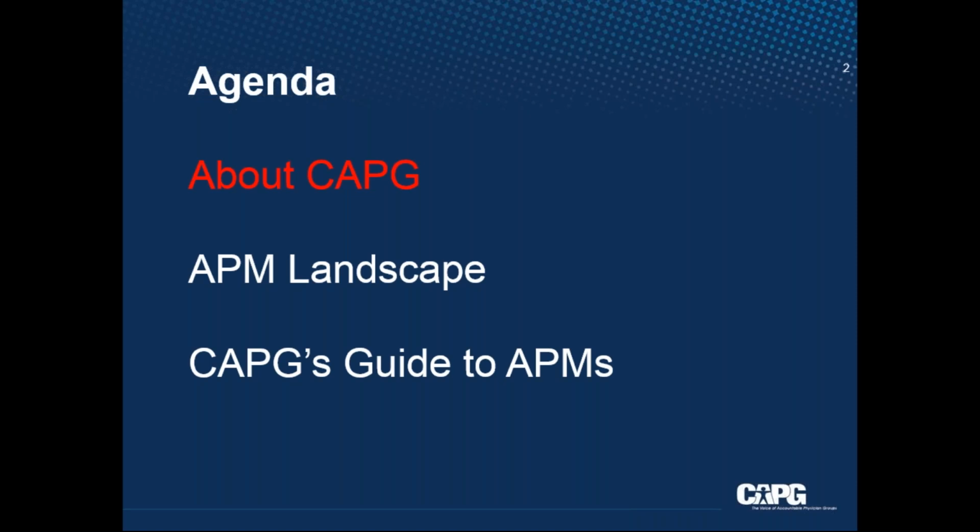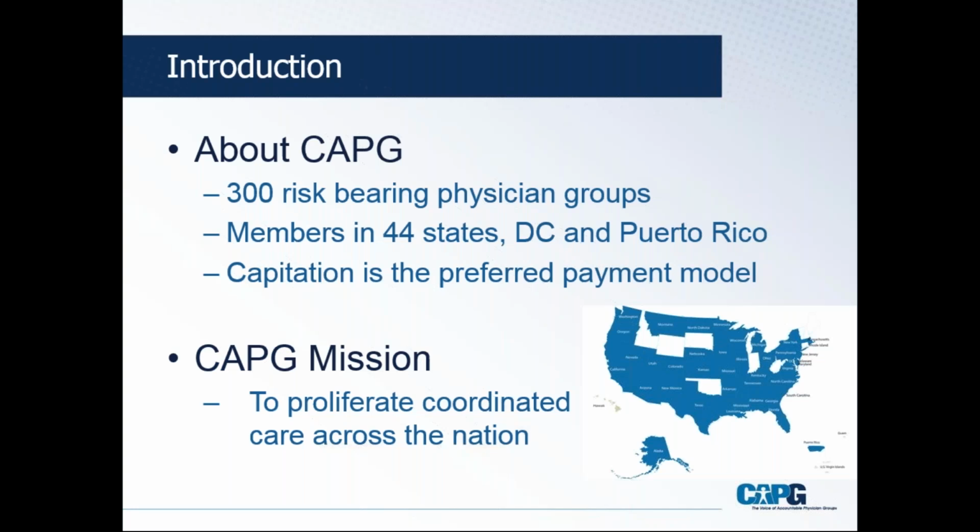And then we'll talk about CAPG's Guide to Alternative Payment Models. It's, as the title would imply, a guide to the work that our physician organizations are doing in the APM space, where they're being successful, where they wish those models were a little bit stronger, and we'll have some time to take a closer look at all of those.